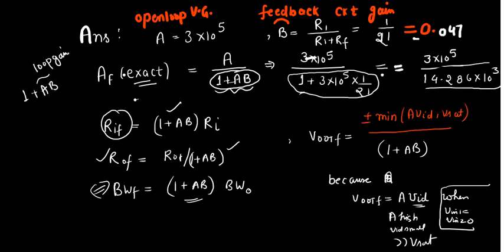Next we'll see VOOTF. It is a little different. Different, no, it is not. So what would be your output offset voltage for the open loop condition, right? You have not applied any feedback. There is no input.